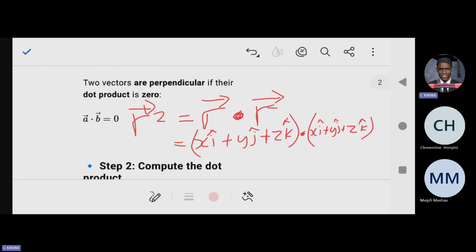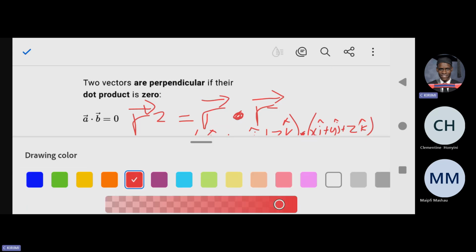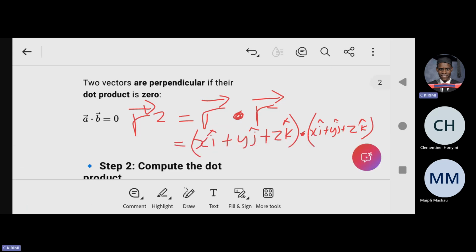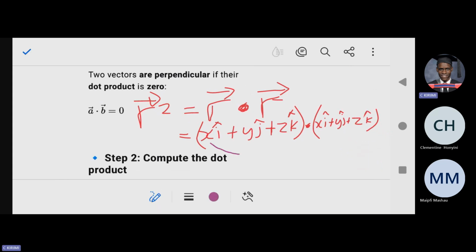So we are going to multiply the first component by the first component. When you are dotting, you multiply this first component by this one. So x times x, what is x times x? x squared.